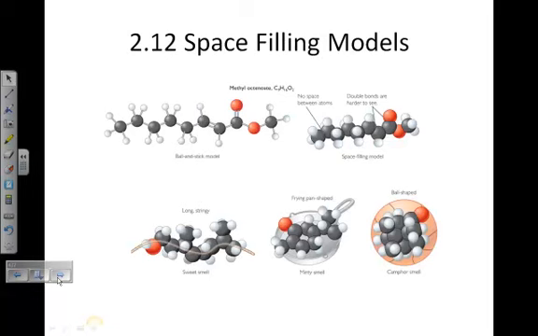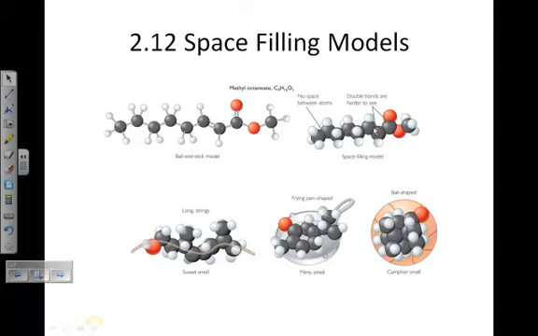Space-filling models. This section compares ball and stick models with space-filling models. You can see that the space-filling models do not show the double bonds. So that is a problem, or a con, with this particular model.